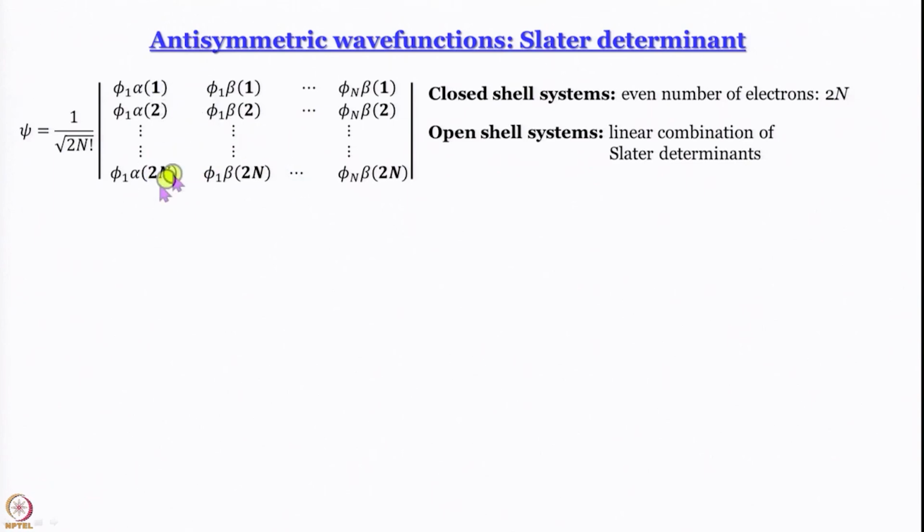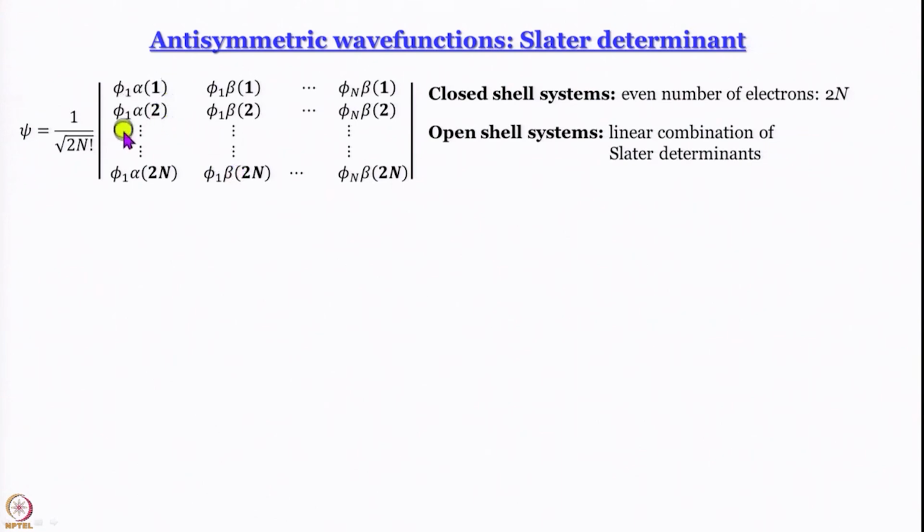So, here I have written this Slater determinant in a slightly different way compared to what we had written earlier. I have written it exactly in the way in which it is written in McQuarrie's quantum chemistry book, and just to differentiate between this one and that one, I have written the electron indices by bold numerals.